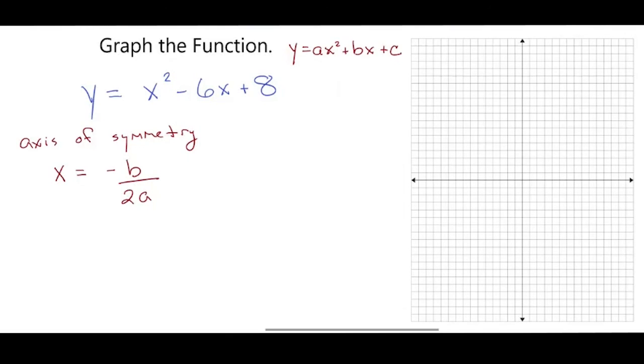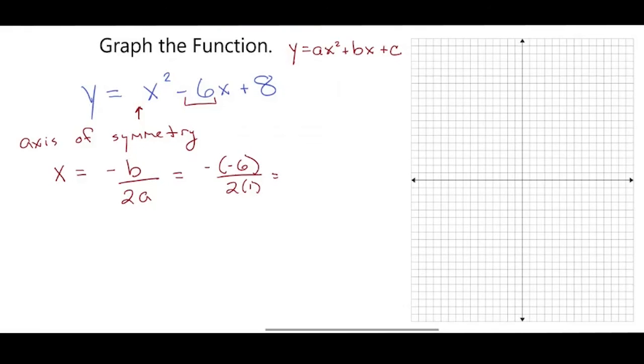So in our equation here, b is -6, so it'll be negative 6 divided by 2 times, well, the coefficient of that x is 1. Since there's no number there, we recognize that to be 1x, so a is 1.